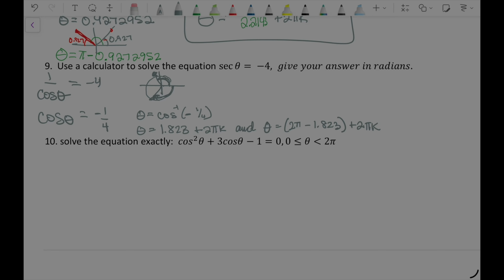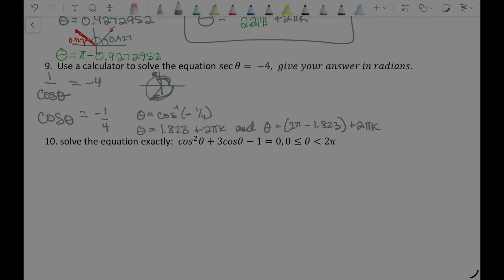And those are your two angles. And actually, I'll go one step further and say those are all the angles forever, because you had the 2 pi k on the back end saying we're just going to keep going round and round till we land there and get the same ratio.